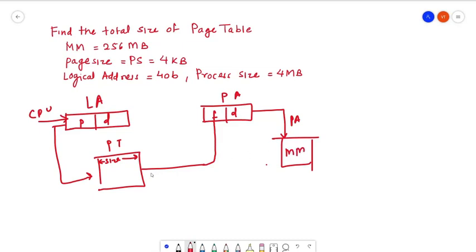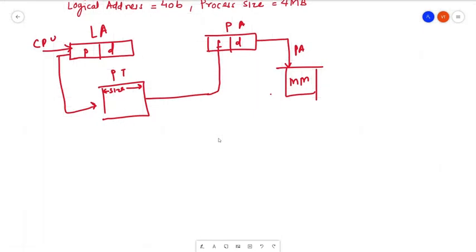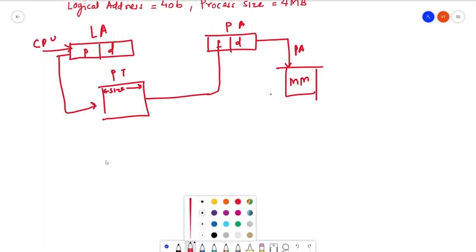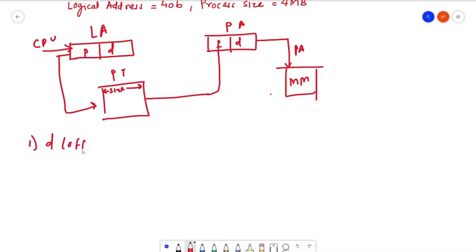Okay, so what is given to us? We know the size of main memory, we know the page size, we know the logical address, and we know the process size. So the first thing we will find out is D. D is the instruction offset, so we'll find out the offset.